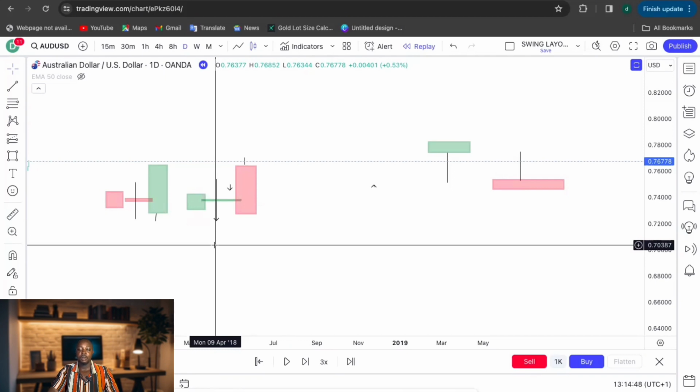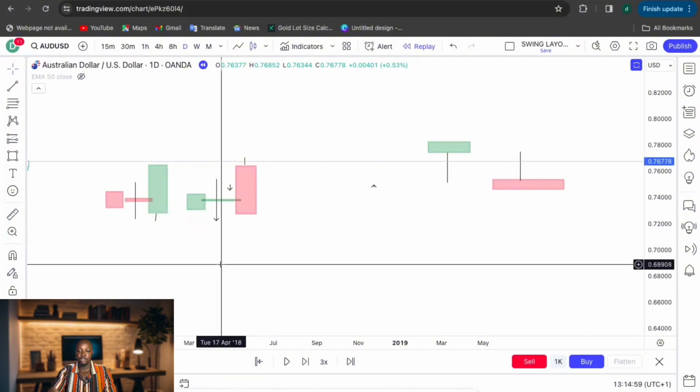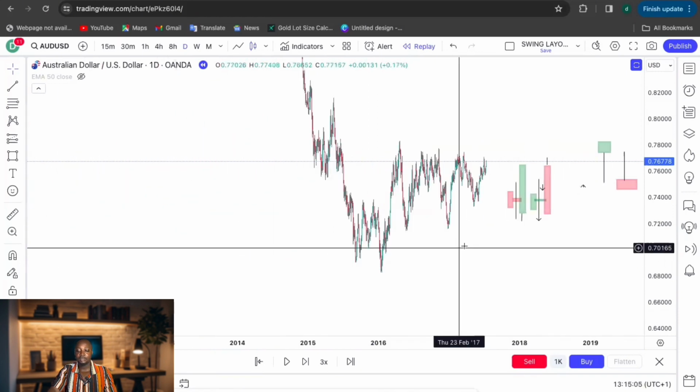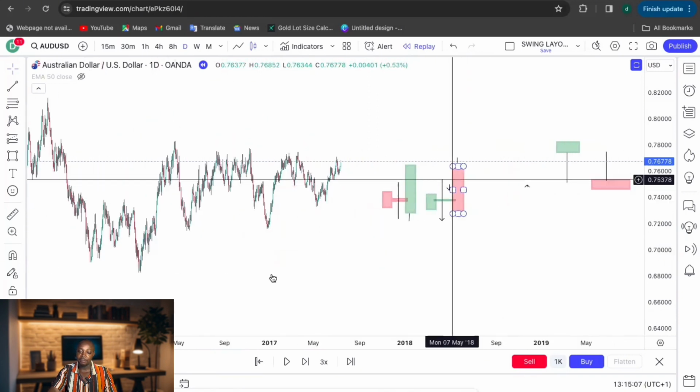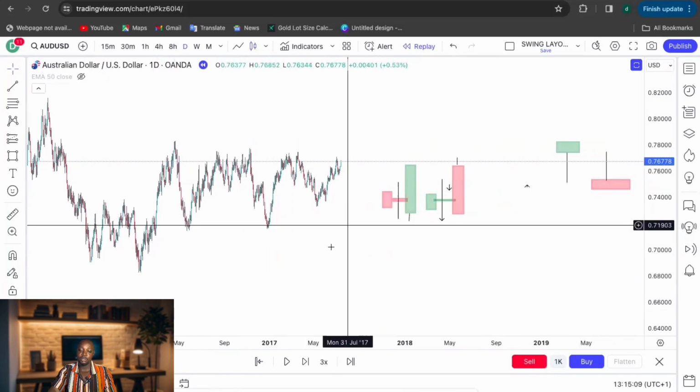Okay. Now, all these are not going to matter if you do not know how to use them. I'm going to give you a simple way of using these candlesticks and the candlestick patterns, because if you just go and start looking, you find this everywhere, but they don't work everywhere.